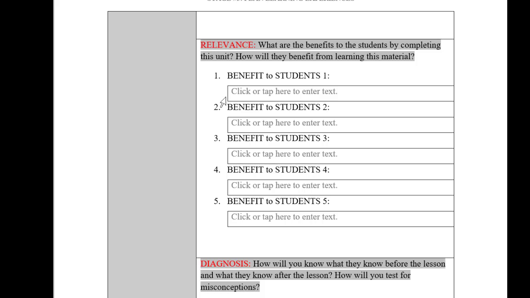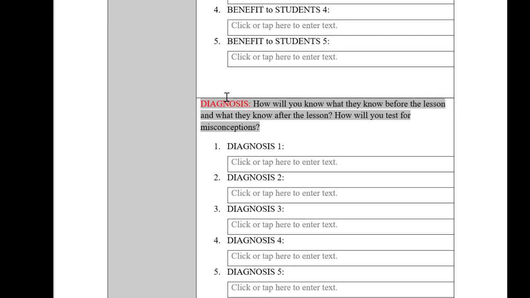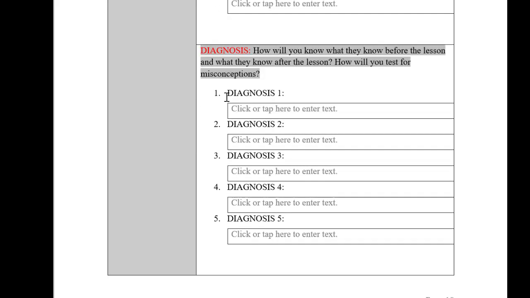They can relate to the learning because they have a sense of passion for it once you tell them how it's going to benefit them later on. I really think that this is super relevant to the learning plan, and I am so happy that this is in here. The next section is going to be your diagnosis. How will you know what they know before the lesson and what they know after the lesson?